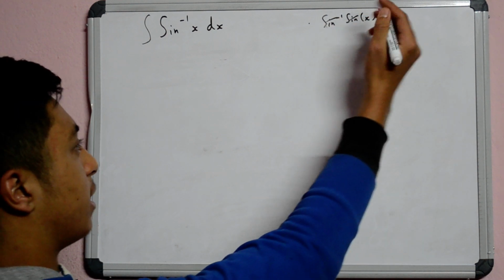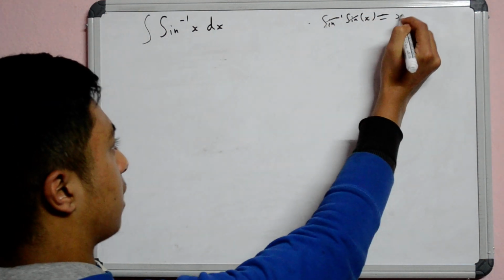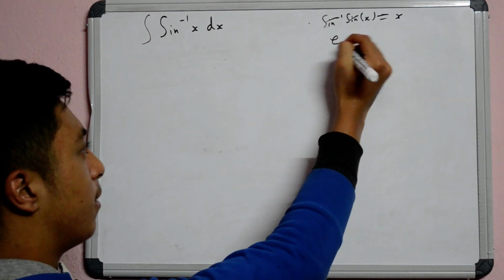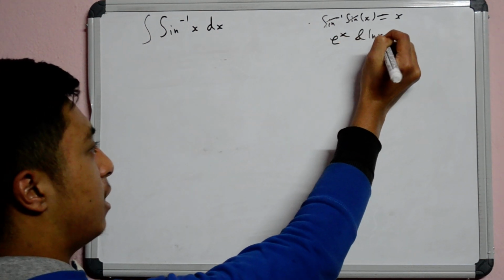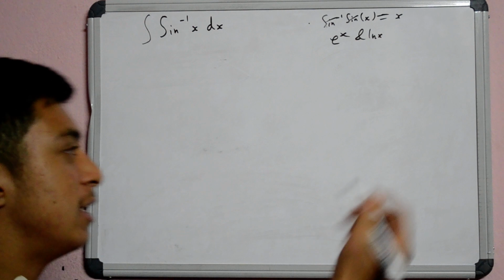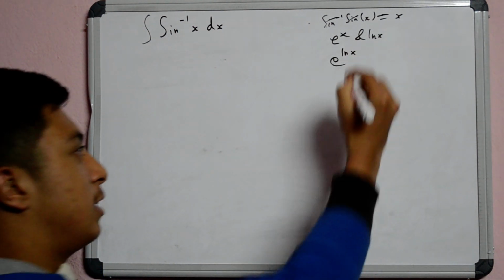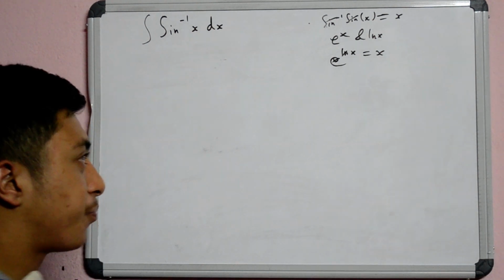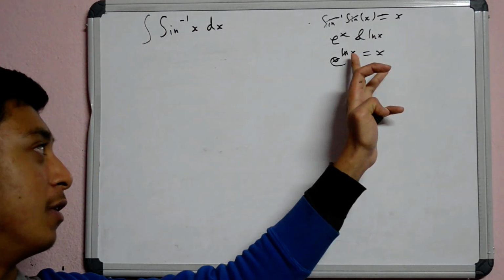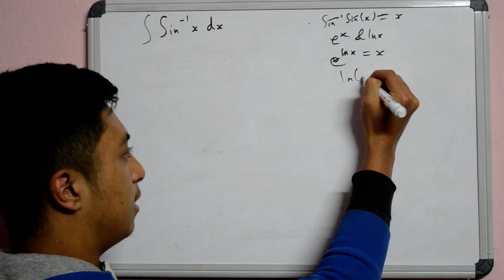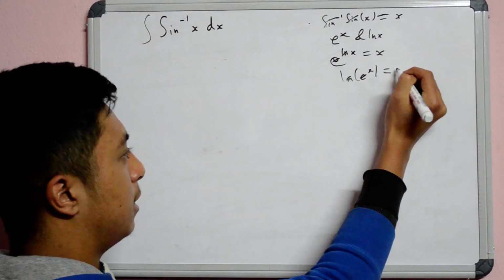So when they're together, they cancel, giving us the x back. Kind of like how e to the power x and ln x are inverse functions of each other, and when they are together, they simply cancel each other, giving the variable back, like this.